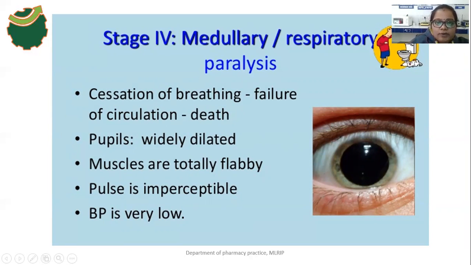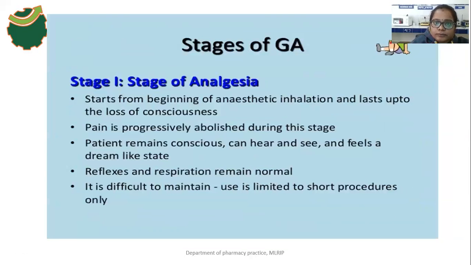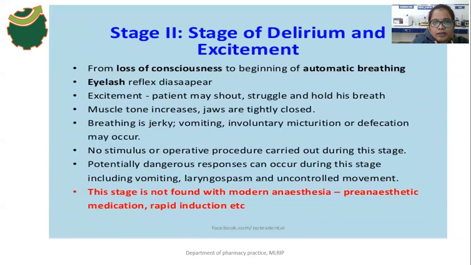So stage 1 is what? It is the stage of analgesia, which means in this phase only the pain is reduced, but the person may remain conscious, and the person can hear and see and feels a dream-like state. But in stage 2, the person may get excitement, and some potentially dangerous responses also occur, like vomiting, spasm and uncontrolled movement.